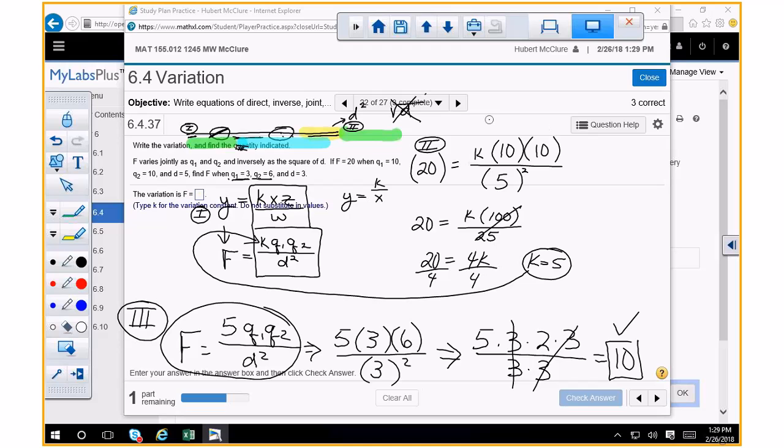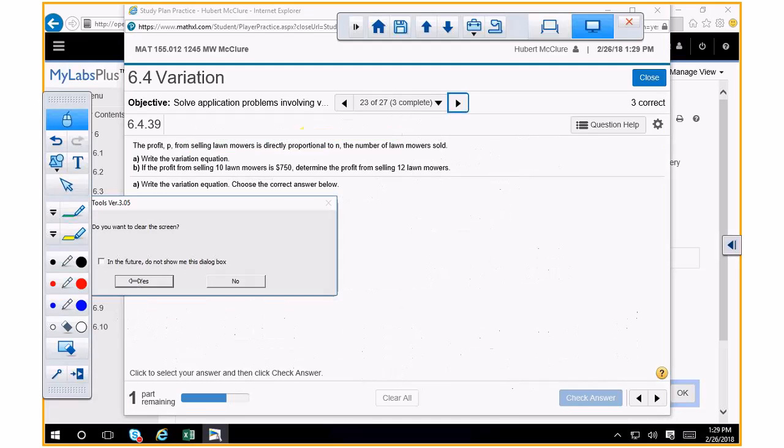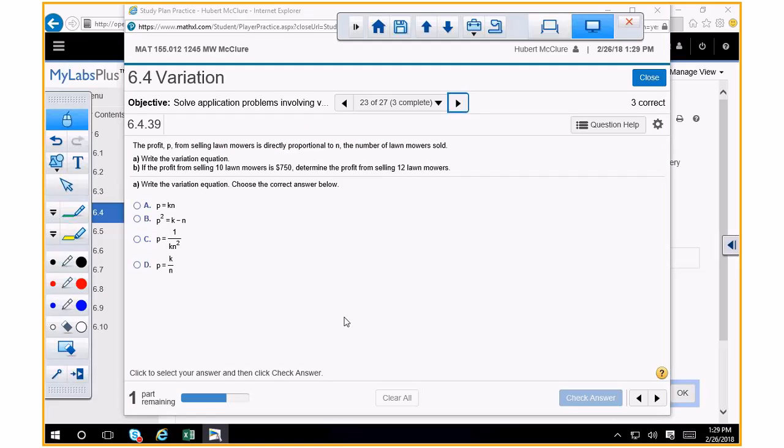All right, let's do another. All right, try that one. Profit P from selling lawnmowers is directly proportional to N. Okay? That should be pretty simple.